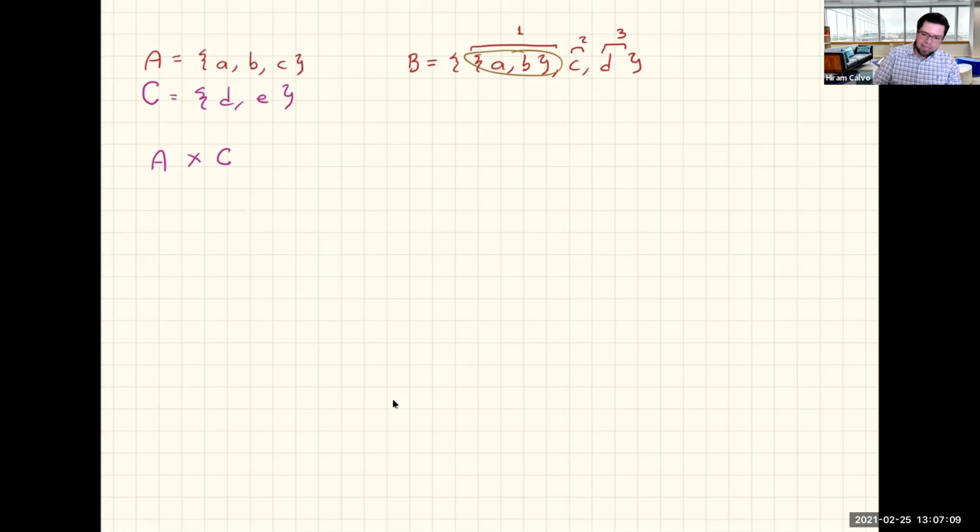El producto cartesiano de dos conjuntos, A cruz C, nos va a dar la combinación de todos los elementos que los componen generando tuplas. So this will produce an ordered tuple which consists of one element of the first set, A in this case, and one element of the second set. Yes, we are taking this and this.